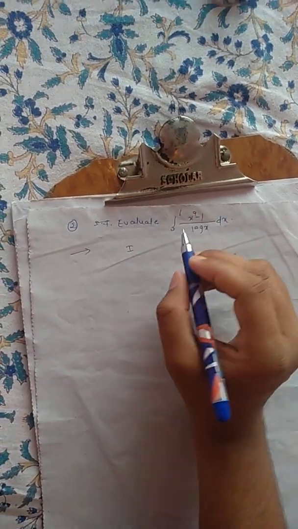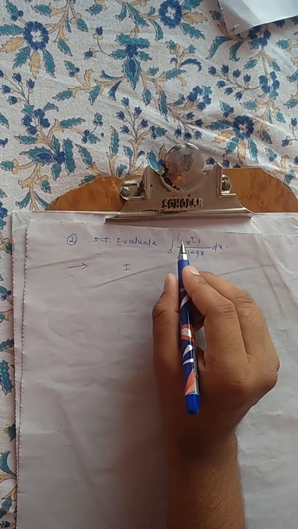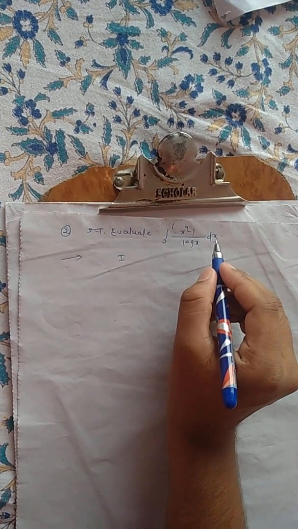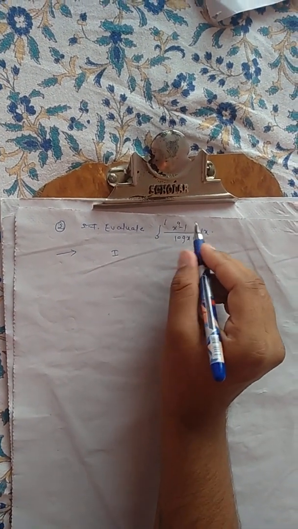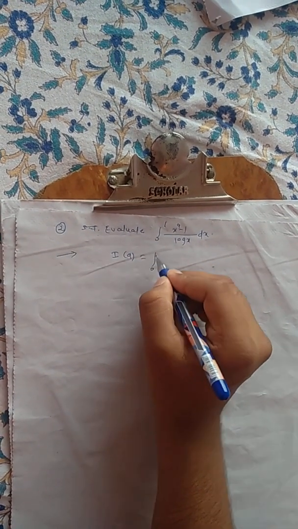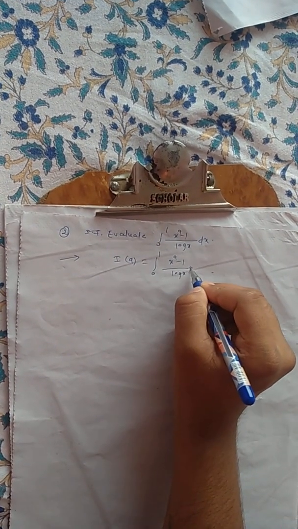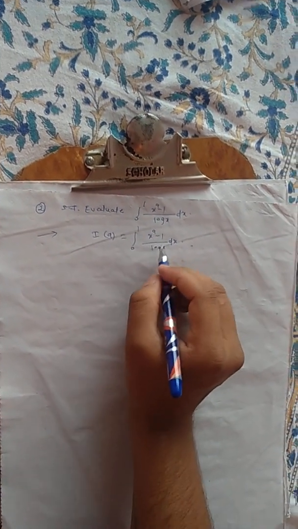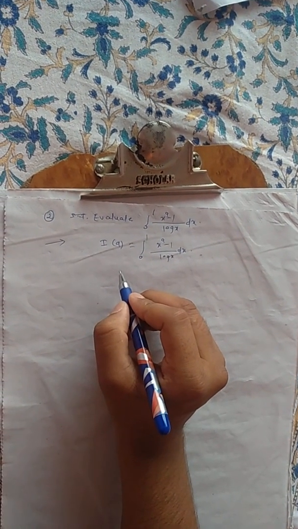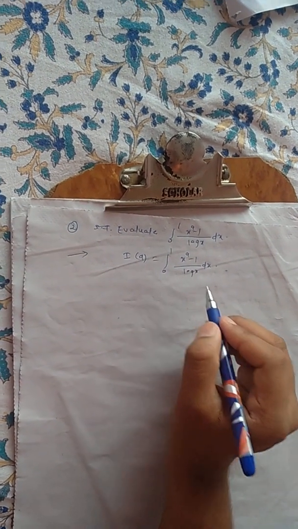Now considering one more problem from differentiation under integral sign. So evaluate integration 0 to 1 x raised to a minus 1 upon log x dx. Integrating this you will get a function of a, so I am considering I of a is equal to integration 0 to 1 x raised to a minus 1 upon log x dx. Now directly we cannot integrate this quantity, so differentiating both the sides so that we get some quantity which we can integrate easily.